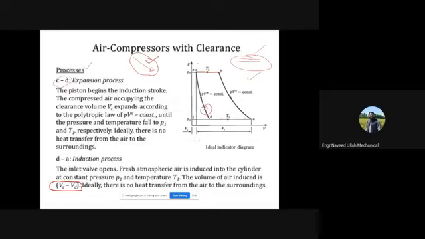C to D. This is C and this is your D. That is the expansion process. The piston begins the induction stroke. ठीक है, इसके एंड के ऊपर इंडक्शन स्ट्रोक स्टार्ट होता है.